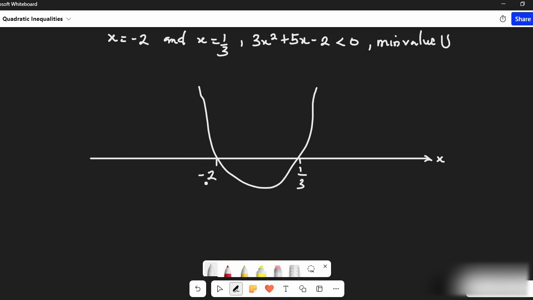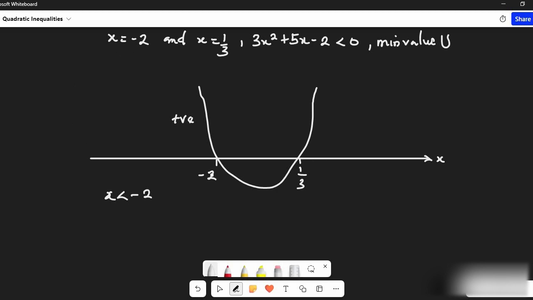Now, in this space where x is less than minus 2, we have that the function is positive because it's above the x-axis. Remember, from our Cartesian plane, all values of y above the x-axis are positive.